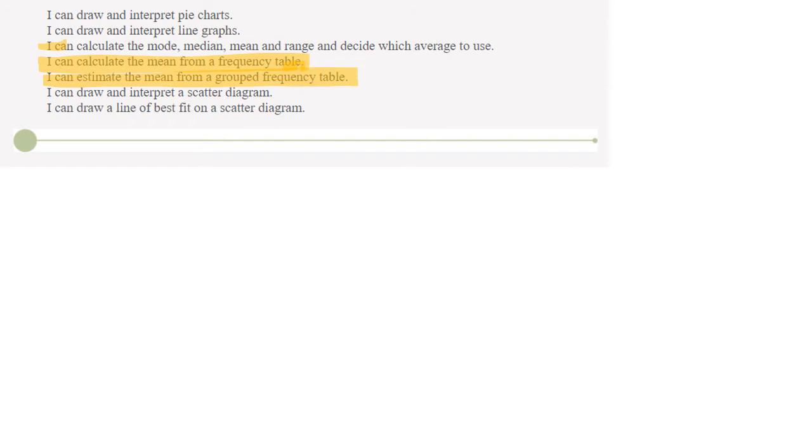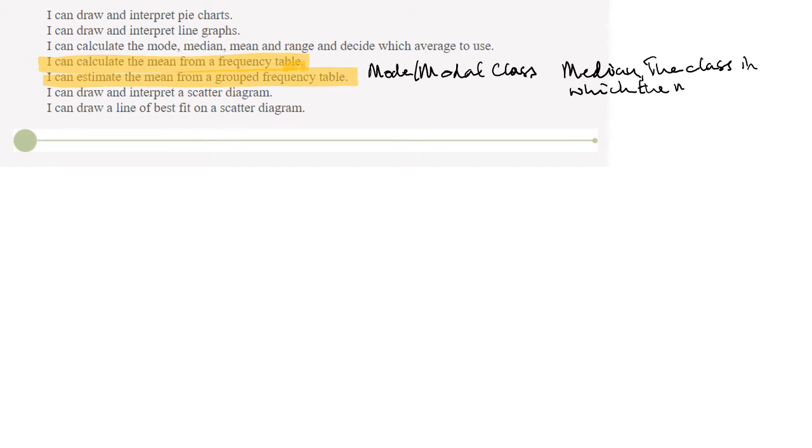But I'm also going to add to this how we find the mode, or the modal class if it's grouped data, and also how we find the median, or the class in which the median lies. Okay, which group the median is in.